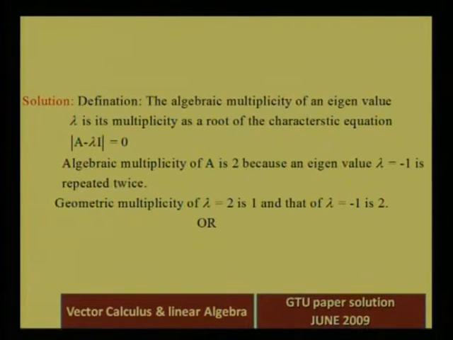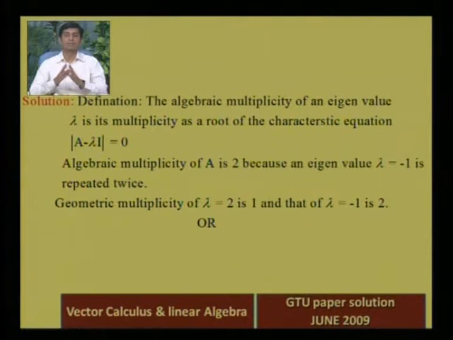What is the meaning of algebraic multiplicity? Suppose we have 3 eigenvalues, lambda 1, lambda 2, lambda 3. Suppose lambda 1 occurs 2 times, so we can say that the algebraic multiplicity of lambda 1 is 2.